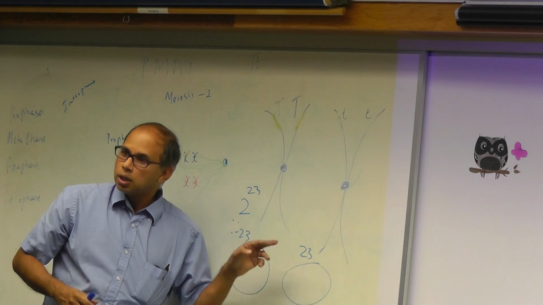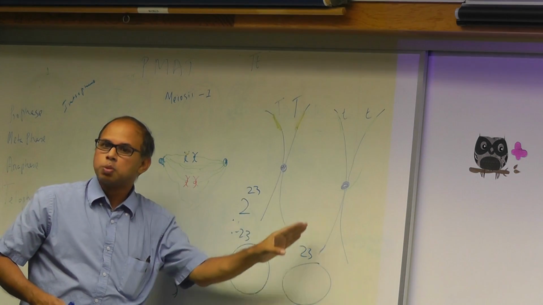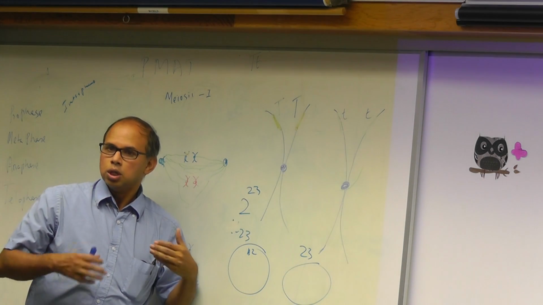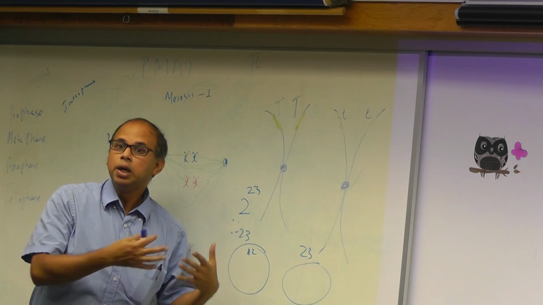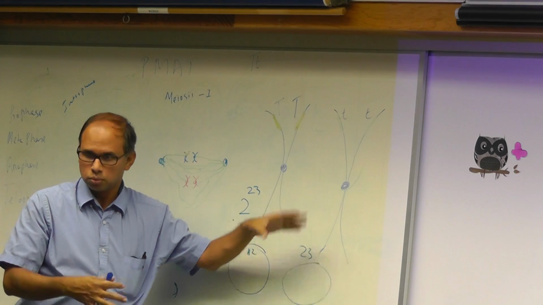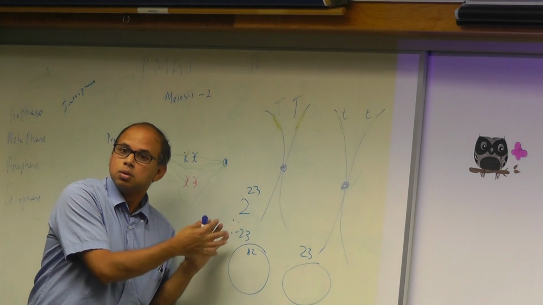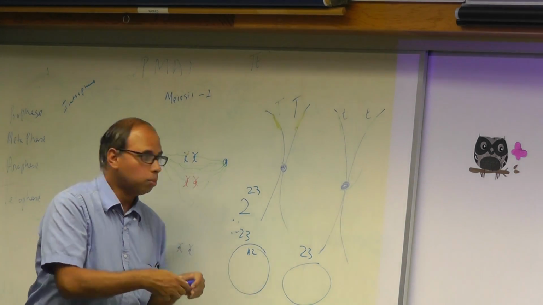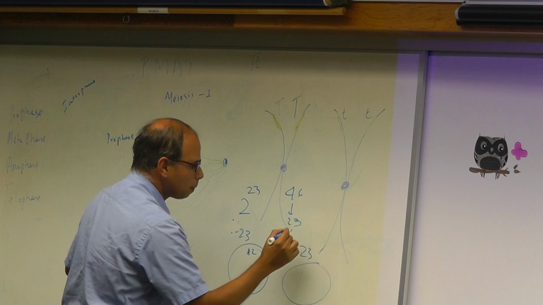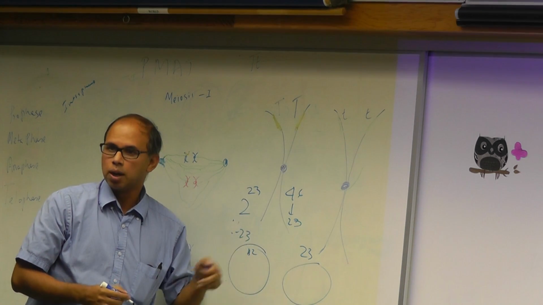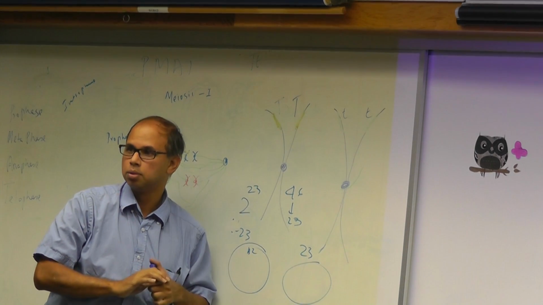So once you go through this process of meiosis, you end up with something completely different, and we'll come to that later. There are many different gametes that can form as a result of going from 46 to 23, this reduction, and the fact that recombination happens. Is that clear? Billions of combinations that can happen.